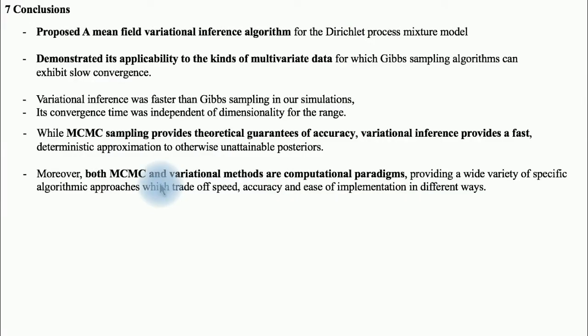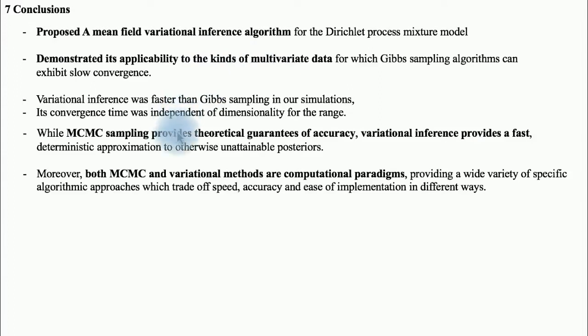This is the conclusion of this paper. They have developed a mean field variational inference algorithm for the Dirichlet process mixture model and demonstrated its applicability to the kinds of multivariate data for which Gibbs sampling algorithms can exhibit slow convergence.